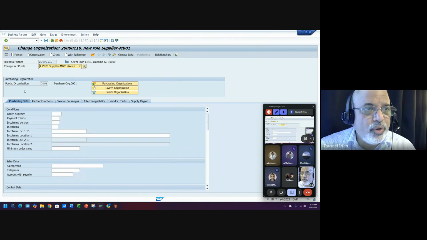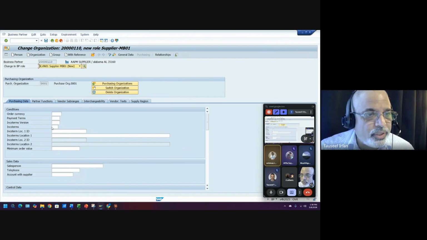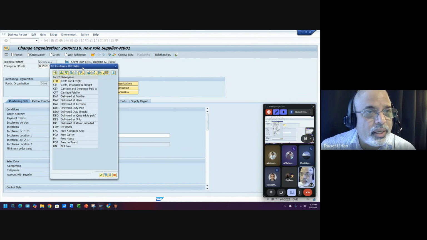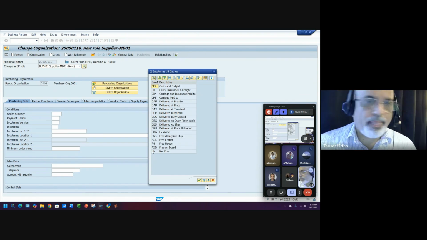Now here are the views of the vendor side of the purchasing. You see the purchasing payment terms and input terms. Whatever I showed you in the picture, it is all here.